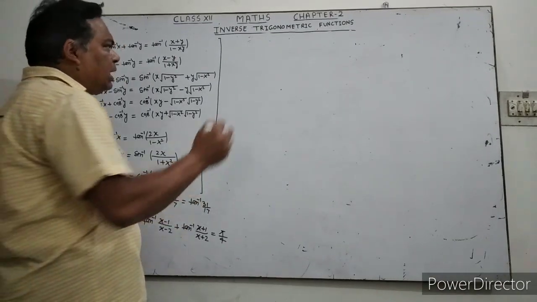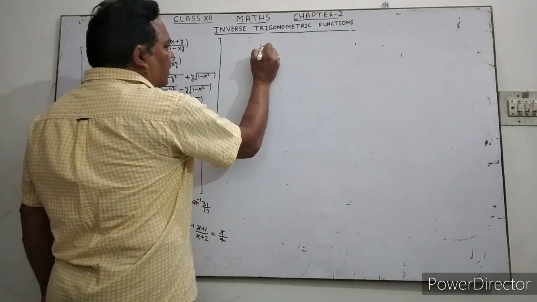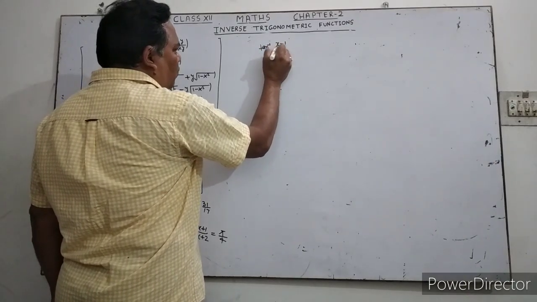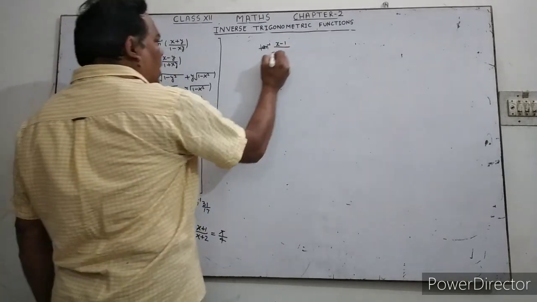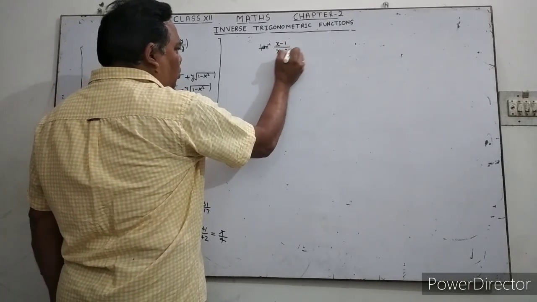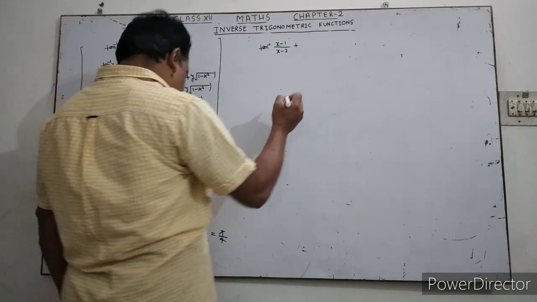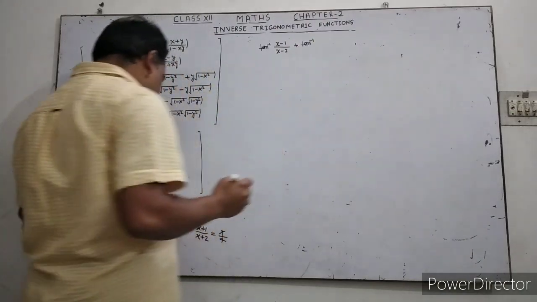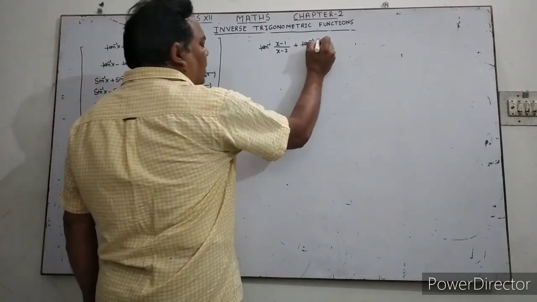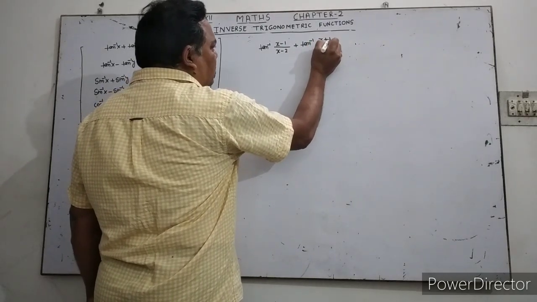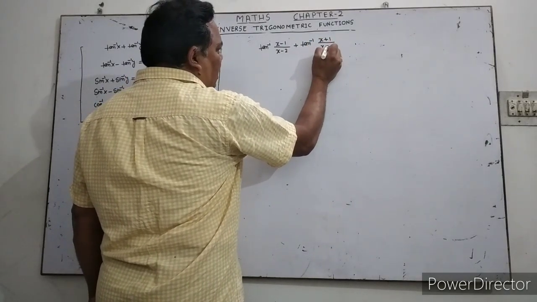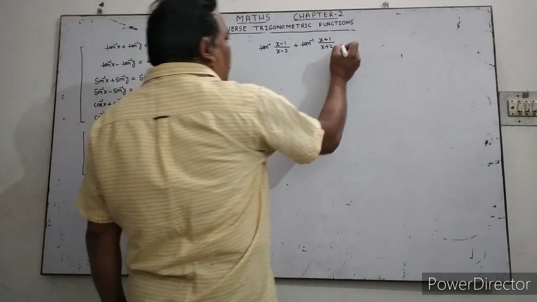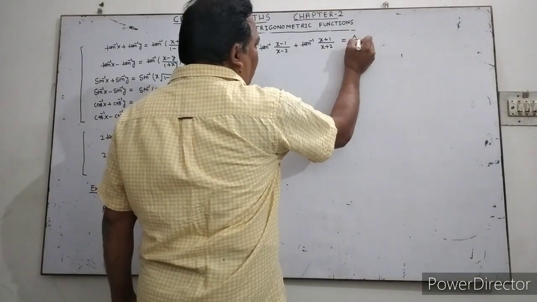The second example is tan inverse of x minus 1 upon x minus 2, plus tan inverse of x plus 1 upon x plus 2, equal to pi by 4.